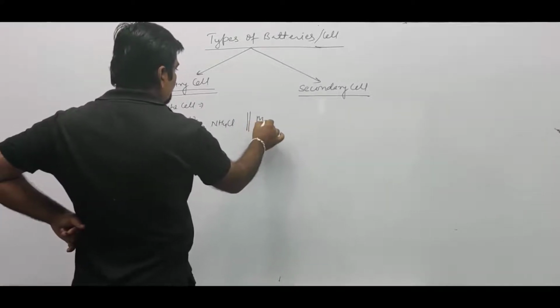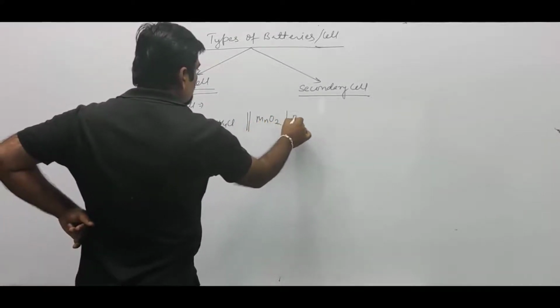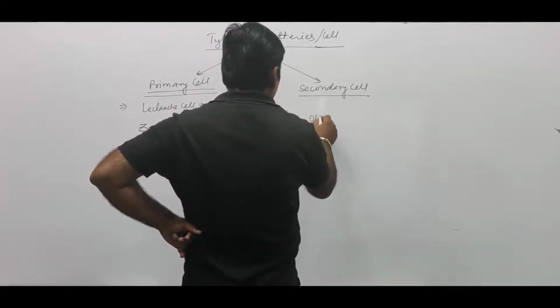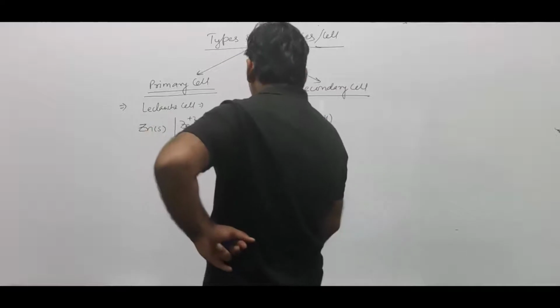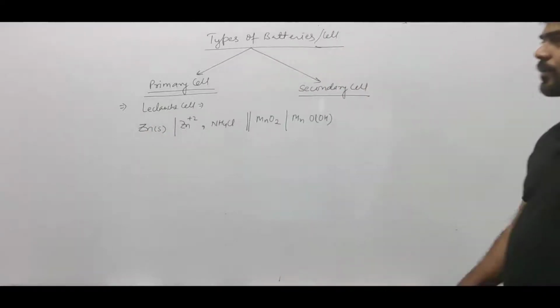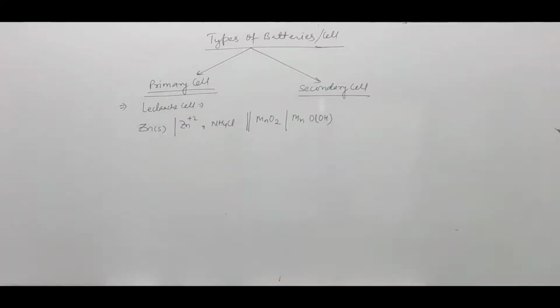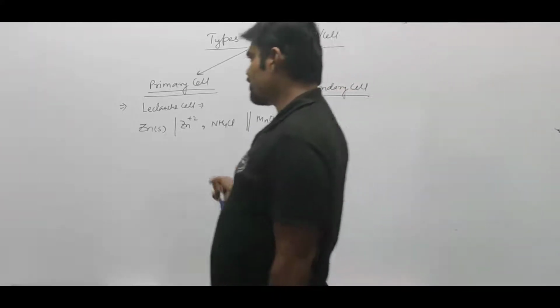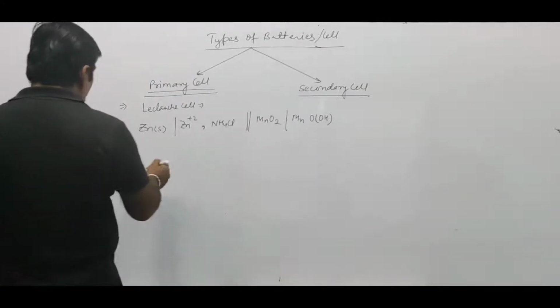Separated through a salt bridge, MnO2 is converted to MnOOH, a basic oxide of manganese. So zinc is converted to Zn2 plus with ammonium chloride in the solution, and MnO2 is converted to MnOOH. Zinc is getting oxidized and manganese is getting reduced in this Leclanche cell.